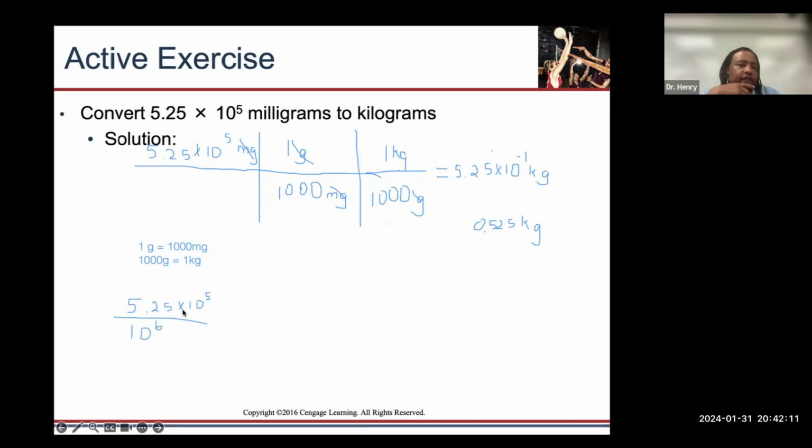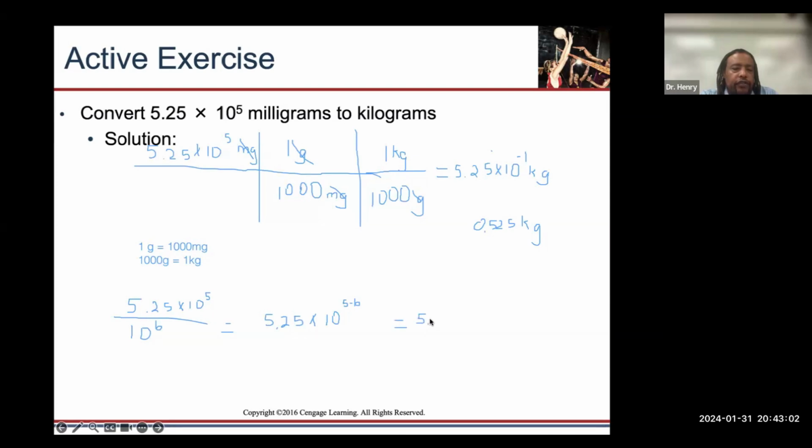If we have both being base 10, division is like subtraction, so you just subtract the exponents. This is the same thing as 5.25 times 10 to the 5 minus 6.